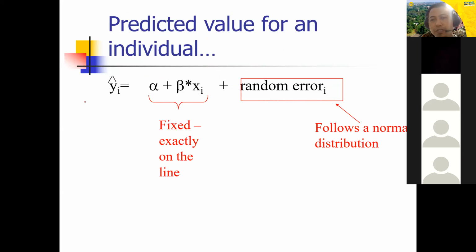And then we move forward to the next level of model, still linear regression, but we add a random error. Some error happens once we take the observations.